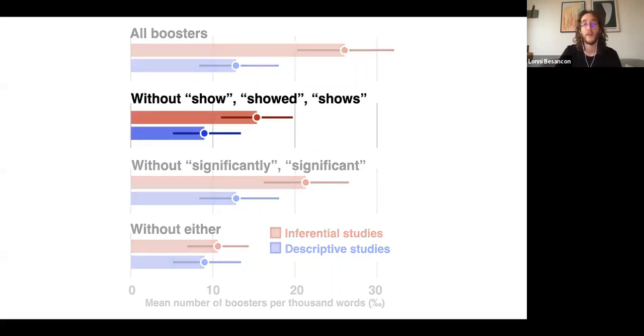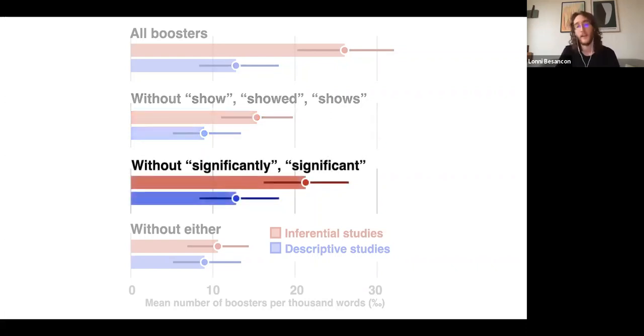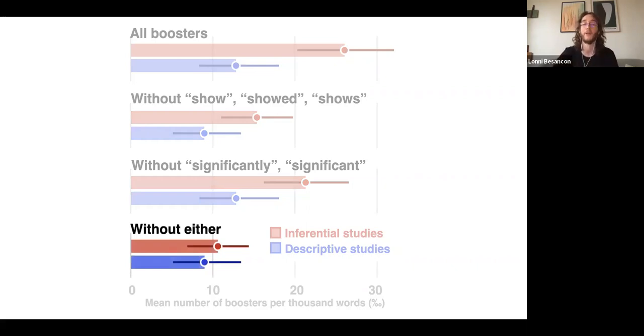Now, if we remove showed and shows from there, we still see that inferential studies seem to use them a little bit more than descriptive studies, but this difference is much smaller and there is more uncertainty now. If we remove just significantly or significant, the effect is a little bit bigger, a little bit more certain, but not great. But if we remove both, then they're pretty much the same, it seems.